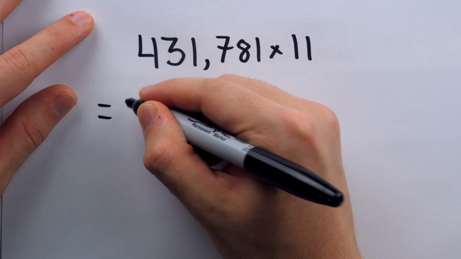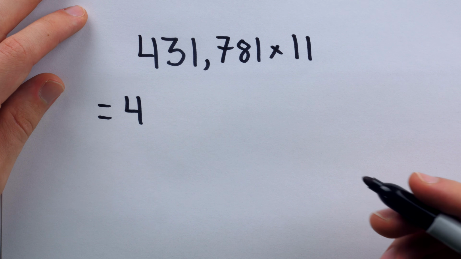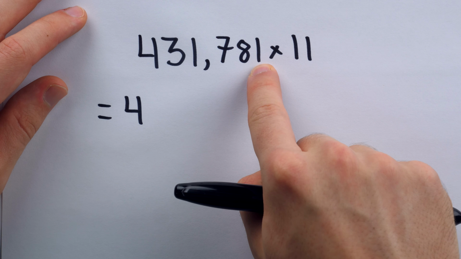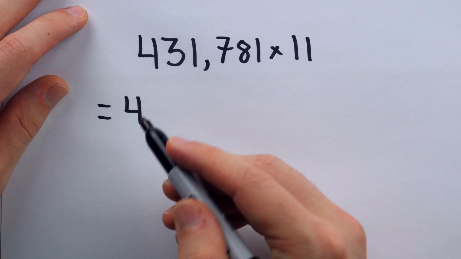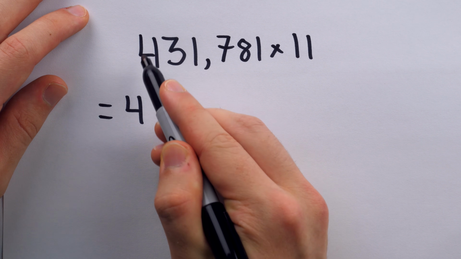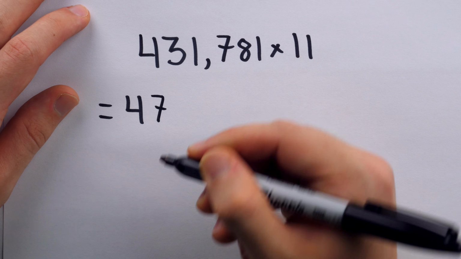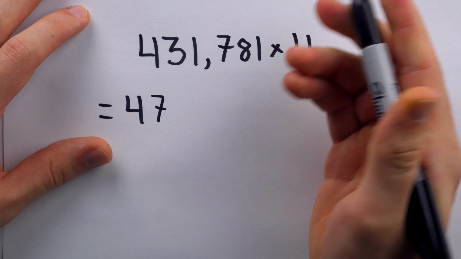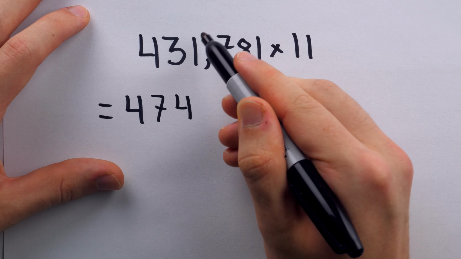So we know that the product has to start with that first digit, which is 4. For the subsequent digits, all the way up to the last one, we need to add adjacent digits. So the next digit in our product is found by adding these two adjacent digits. 4 plus 3 is 7, so 7 is the next digit in our answer. Then 3 plus 1 is 4. Then 1 plus 7 is 8.